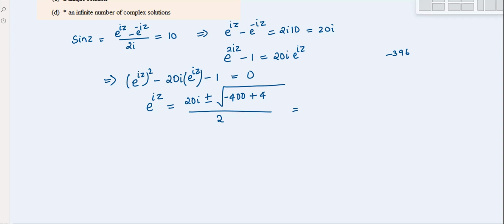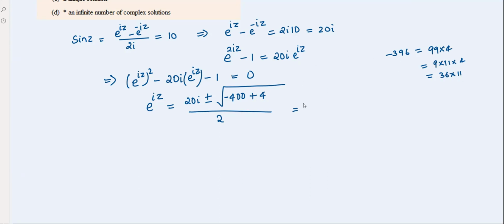Factors of 396: 99 into 4, so 9 into 11 into 4, so 36 into 11 is 396.